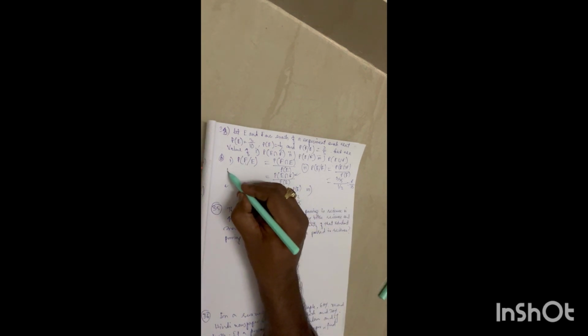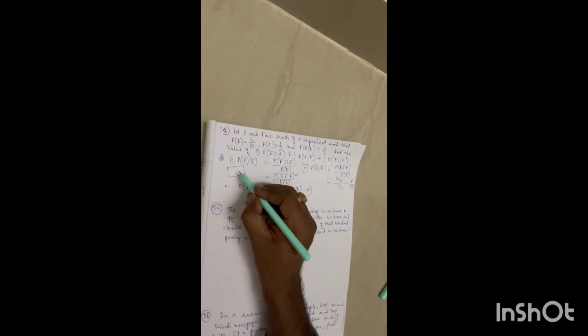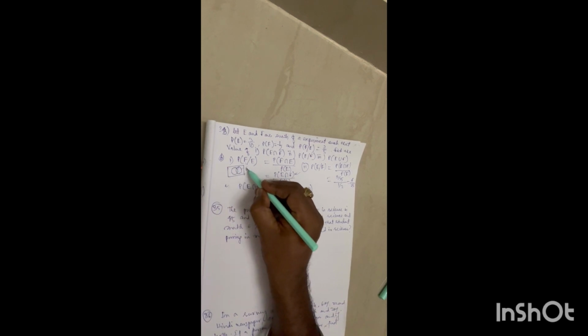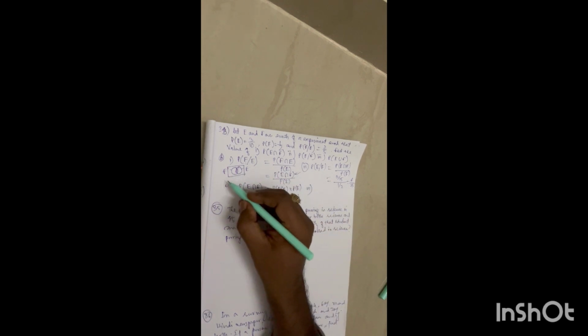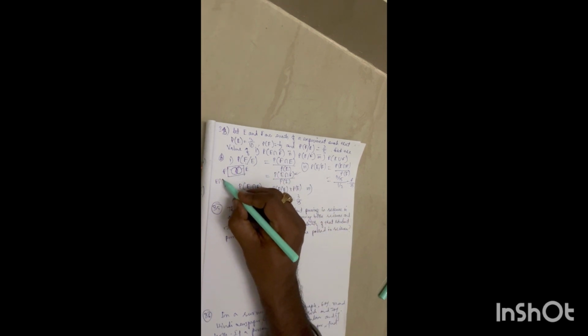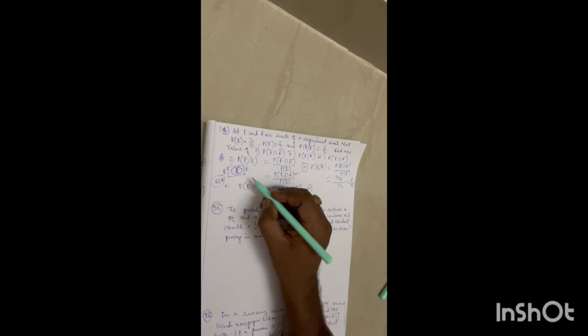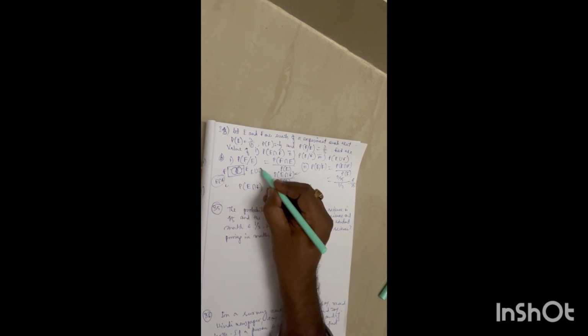The third part is probability of E ∪ F. Now I have to explain it in the Venn diagram first. In a sample space, if I see two events E and F which are interlinked, let's say this is E and this is F, so this part we call intersection, E ∩ F or F ∩ E. And E ∪ F is said to be union.